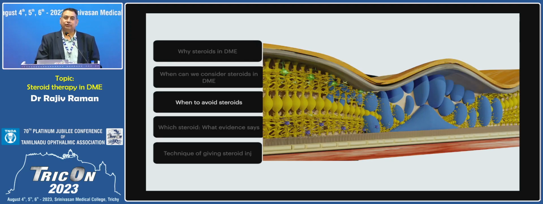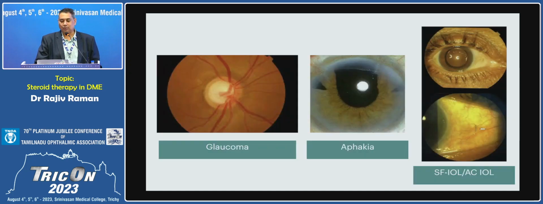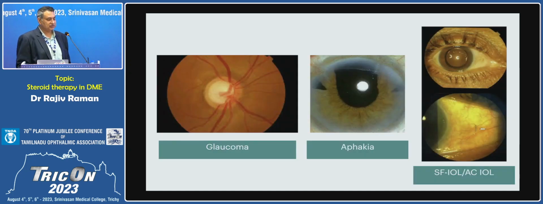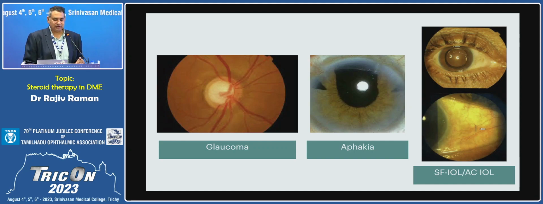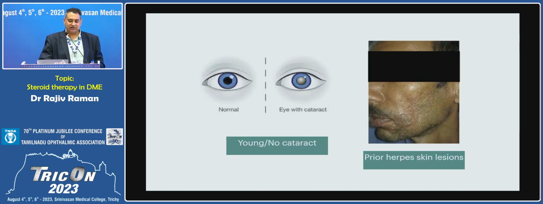When not to give steroid, what you should definitely try to avoid is if a person is having glaucoma. However, if you are very keen and he's not responding to anything, with your glaucoma colleague, looking at how many drugs he is on and how much is the damage to the optic nerve, you can take a call. In aphakic eyes, in SFIOL, you want to avoid giving steroid.